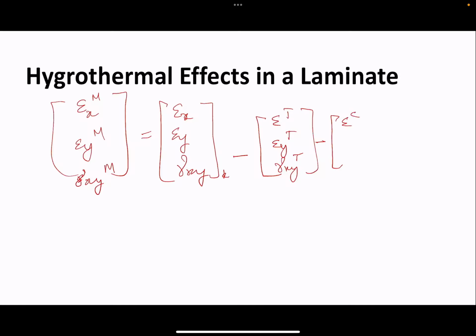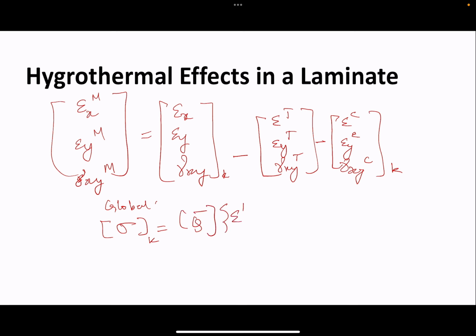This was from our first slide for the kth layer. And from this you can find global stresses for the kth layer by multiplying Q bar and your epsilon M's, right?